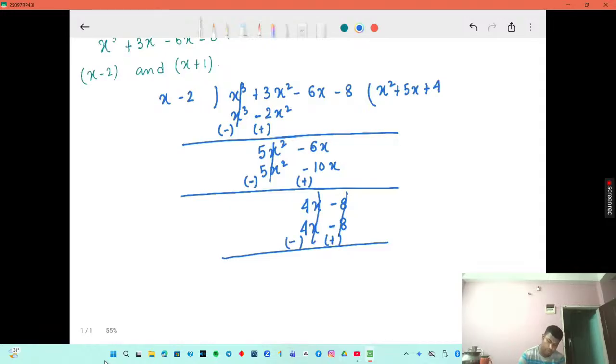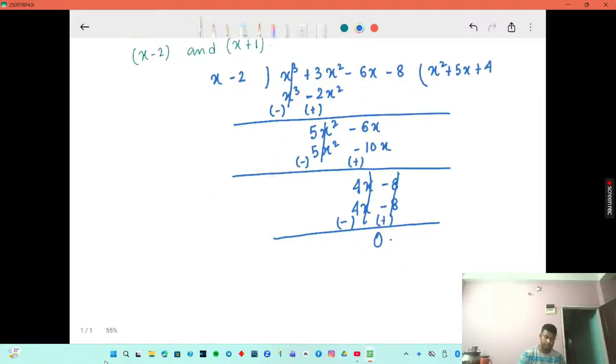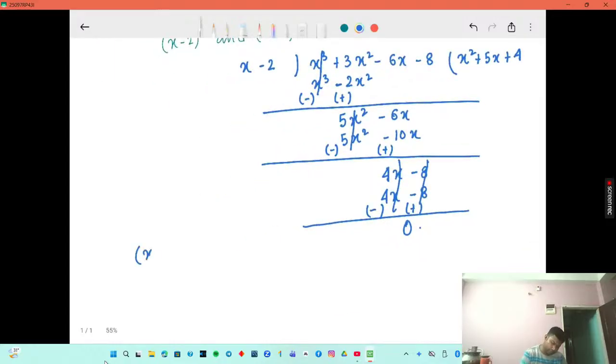So cut, we get 0. So the factors of this equation are x minus 2 and x squared plus 5x plus 4.